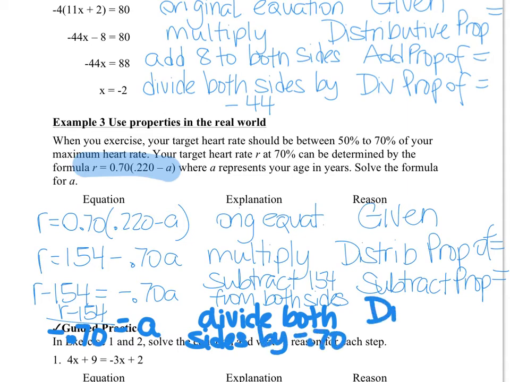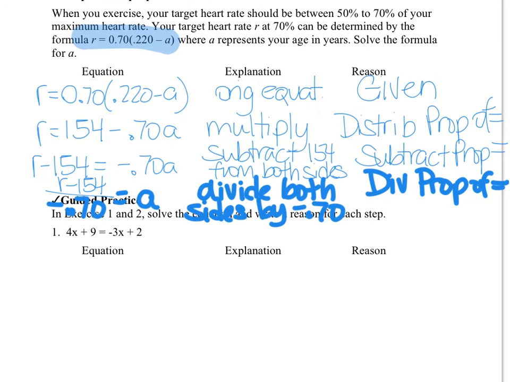So that's the division property of equality. Okay, so take a few minutes, pause the video, try the three guided practice problems, and then push play and check your work. And then that's the end of day 1.